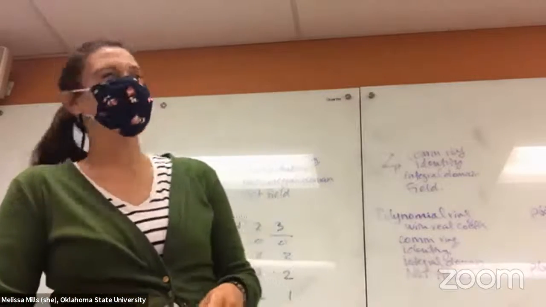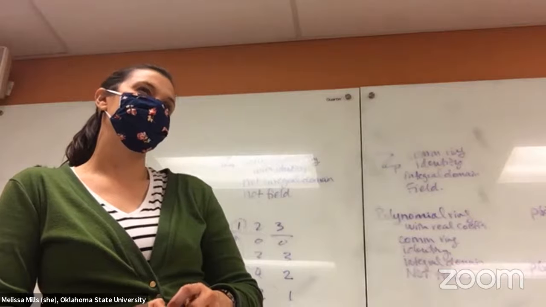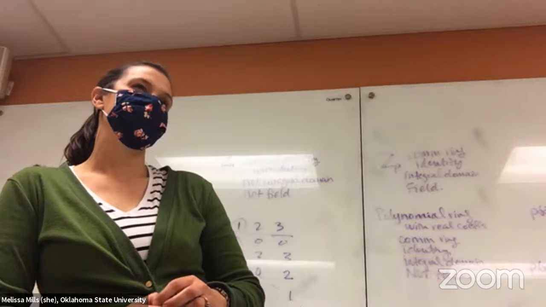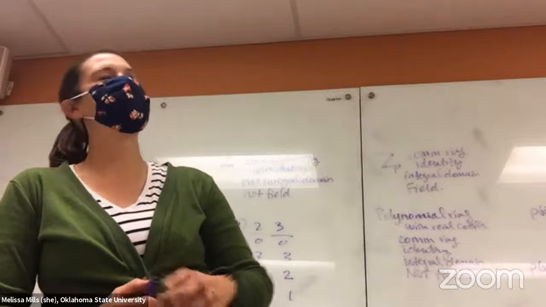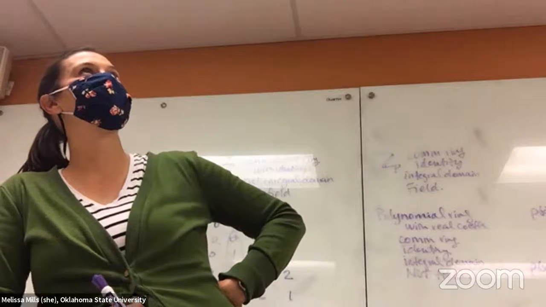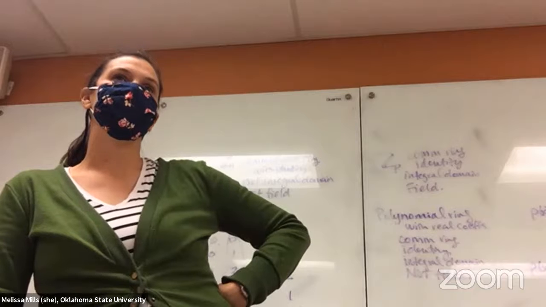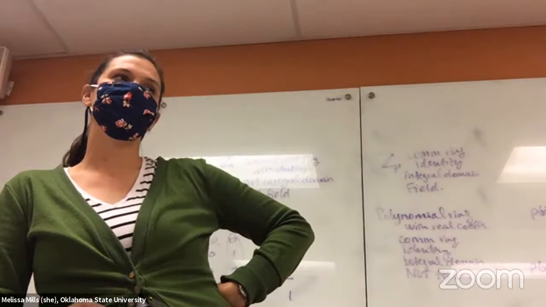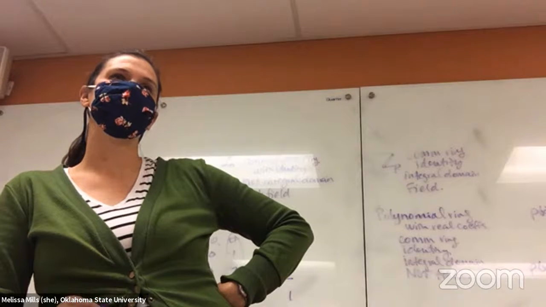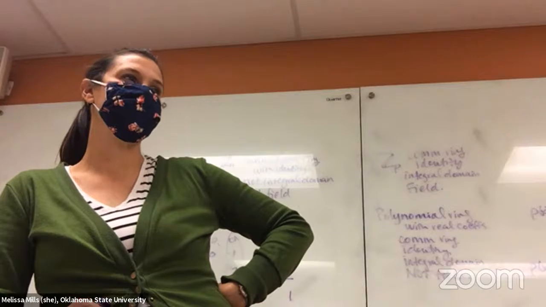Is it an integral domain? Can I multiply 2 matrices together and get the zero matrix when those two are non-zero? I did an example in class on Wednesday, didn't I? I came up with a counterexample on that. I don't remember what it was.